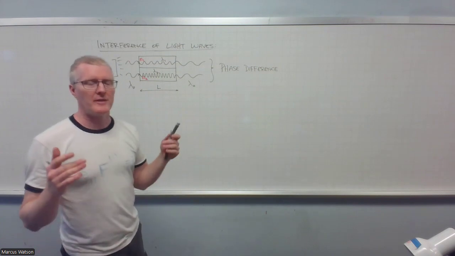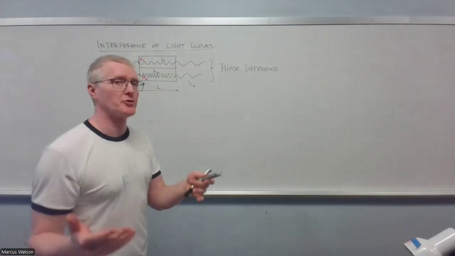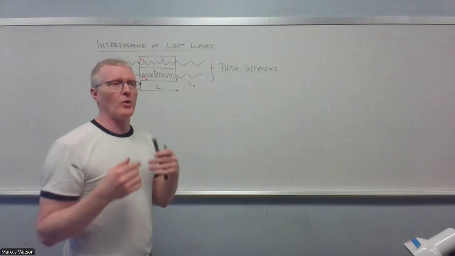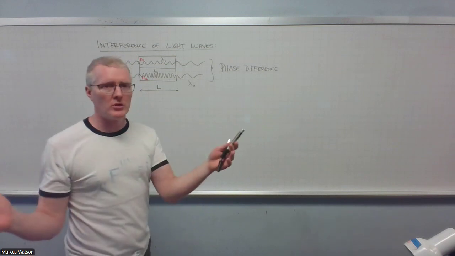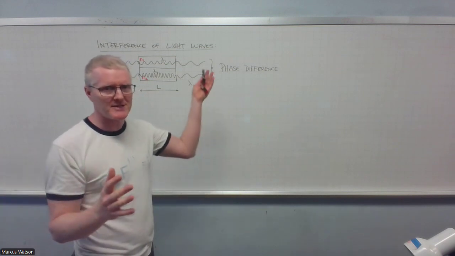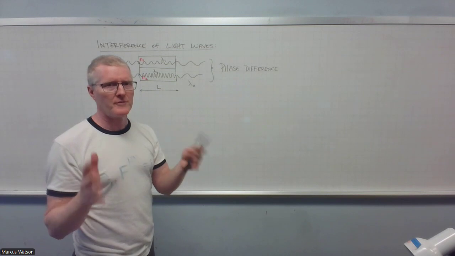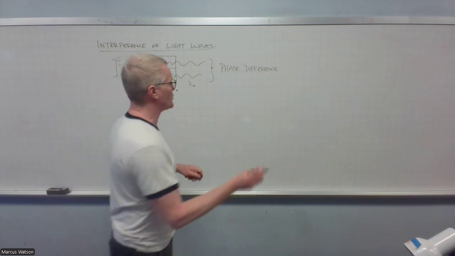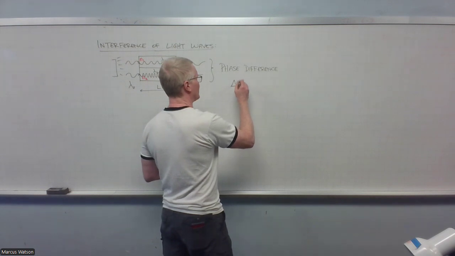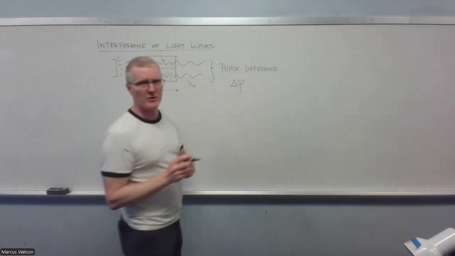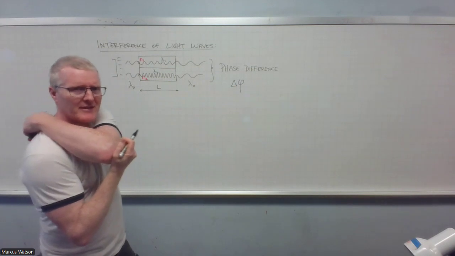You might say they're out of phase by 720 degrees, or you could say they're out of phase by 4 pi. These are all equivalent ways of representing the phase difference. Typically this would be something like delta phi. It might be lowercase like this, or it might be capital.